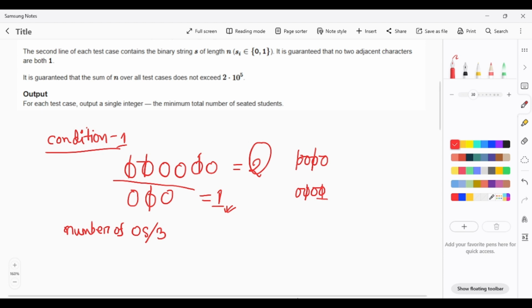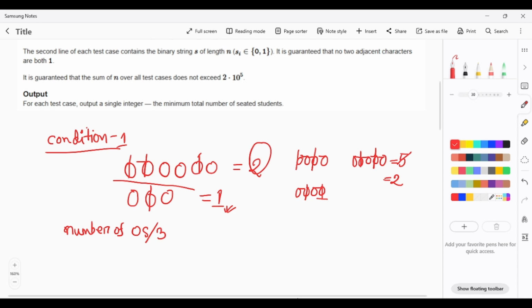Let's take another example to look deeply at this matter. Another case where the number of zeros is not divisible by 3. Like here the total vacancy is like 5. So if we add one student here and then we have another student here, then the total number of students will be 2.